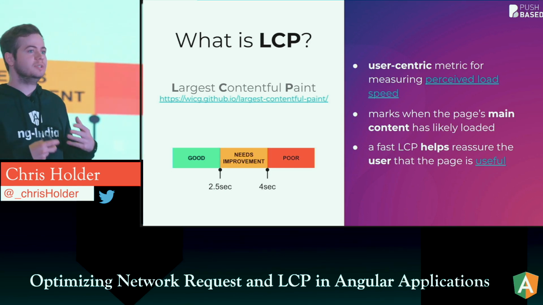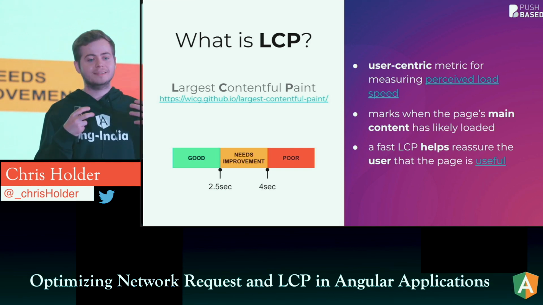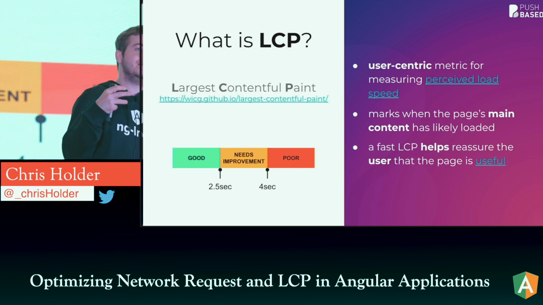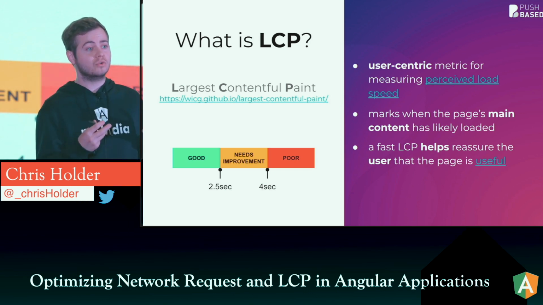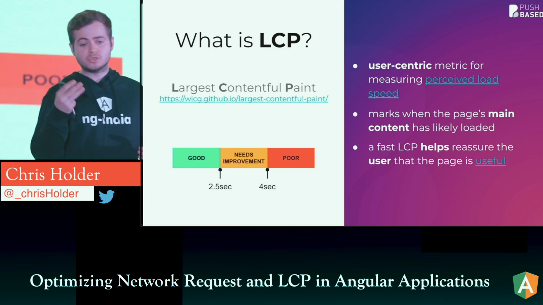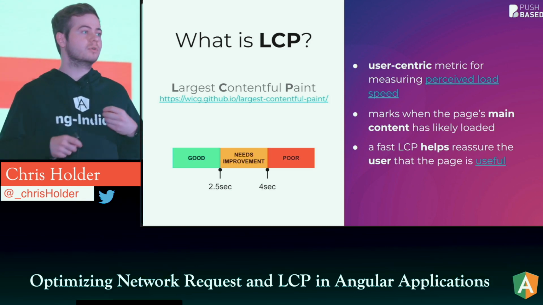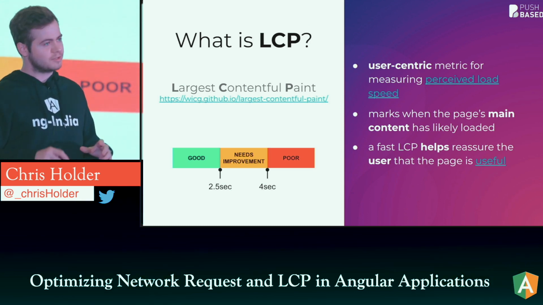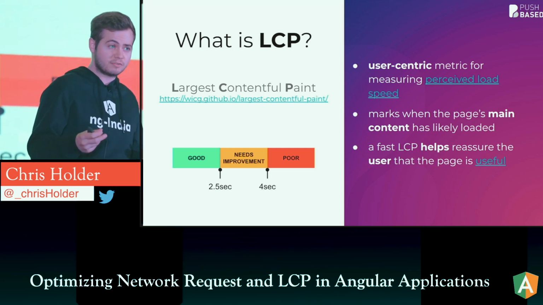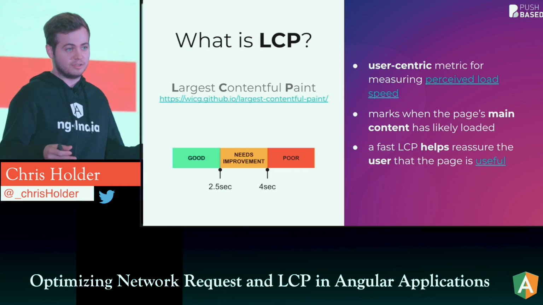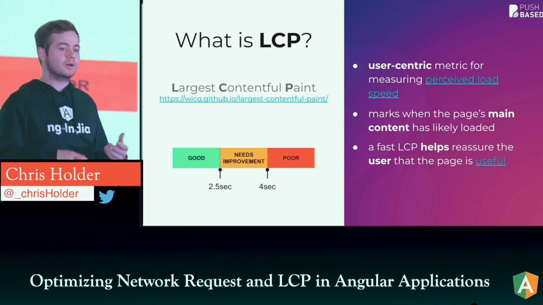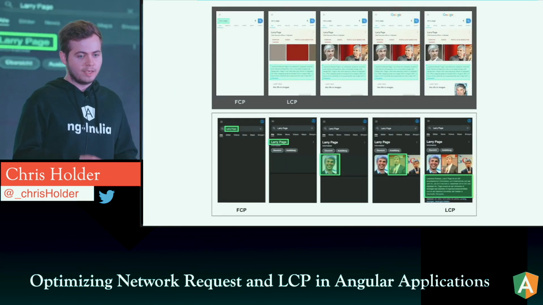But what it's intended to be is a metric that'll tell you when the page is loaded, when the page is useful, and when it feels like it's completed. So it's user-centric. It's for perceived load performance, not actual load performance. It's supposed to be the main piece of content, not just any piece of content or the largest piece of content on the page. And it's supposed to reassure the user that whatever is on the page is useful.